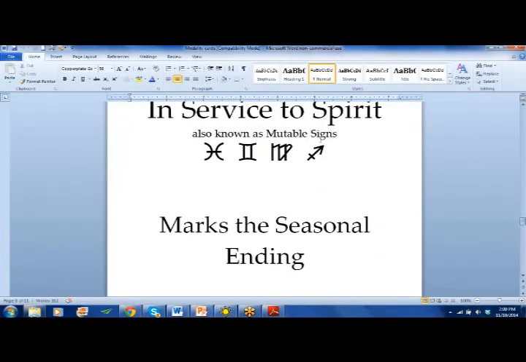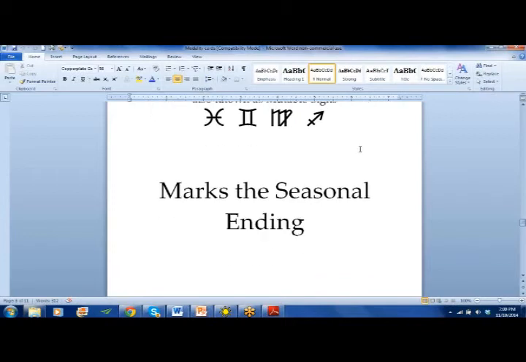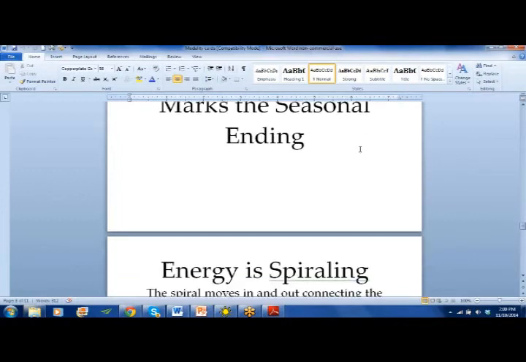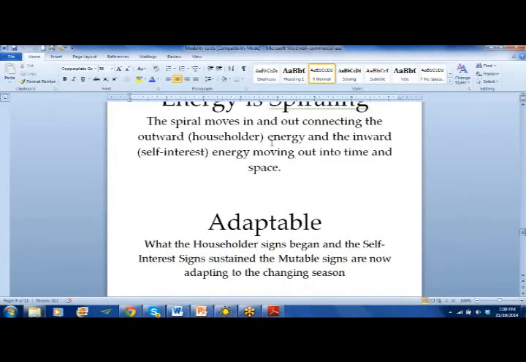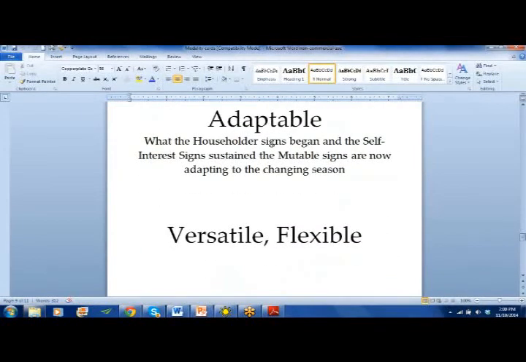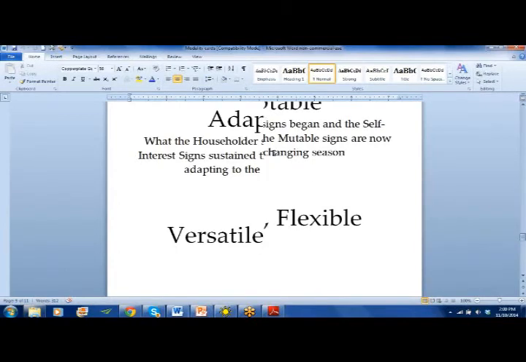Then we have the in-service to spirit signs, or the mutable signs, and these are the signs that come before an equinox or a solstice. So they're always at the end of the seasonal energy, or that time when things are shape-shifting into something else. So that's the ending of the season, and the energy is moving in and out, and it's connecting the householders' outward energy to the inner energy of that self-exploration, and then is adapting to create something new, and that's in service to spirit.